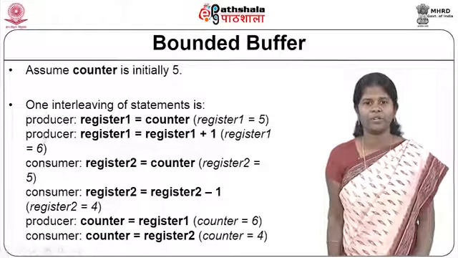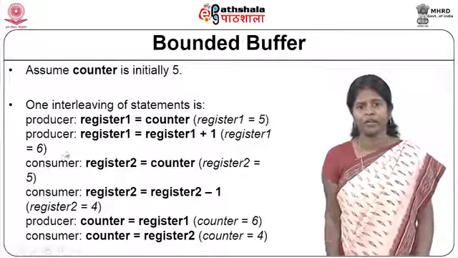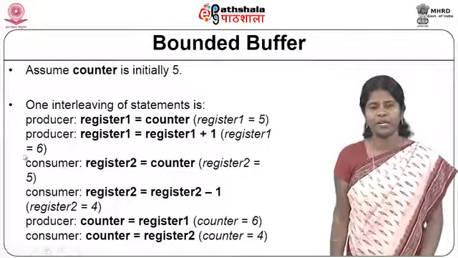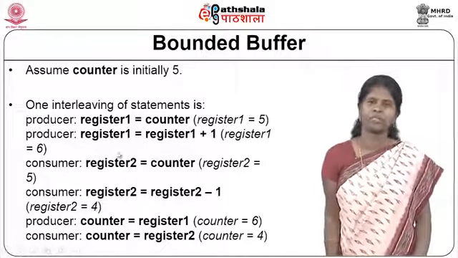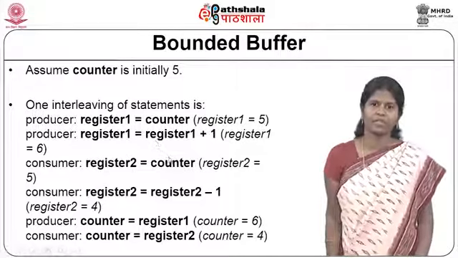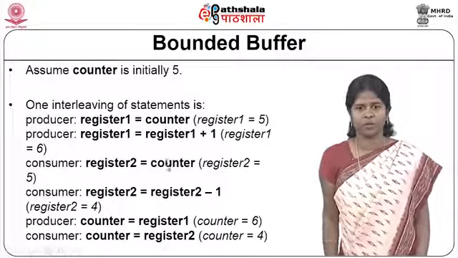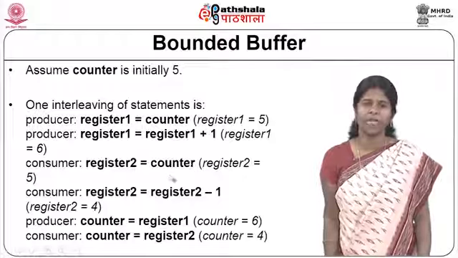Say the CPU time of this producer gets over and the consumer is now given the CPU. So, when the consumer is given the CPU, it will execute its code. What does the consumer have to do? It has to execute counter minus minus. But this counter minus minus has 3 different instructions to execute. So, it executes the first instruction corresponding to counter minus minus. What is that?